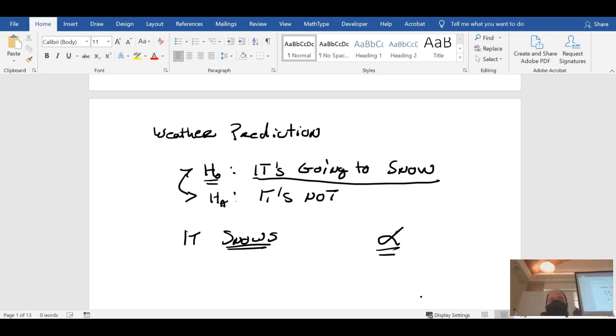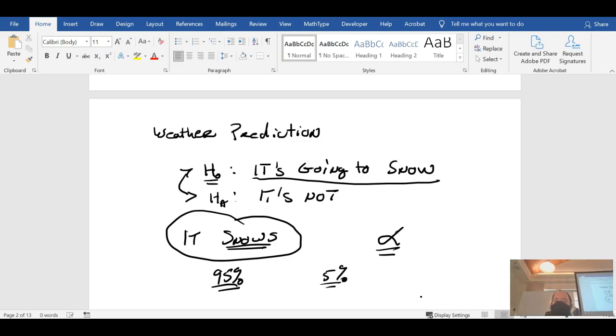The 95%, so if it snows, right? So let's say it actually snows, right? That's what actually happens. Then there is a 95% chance that we got it right. Okay? And there's a 5% chance that we got it wrong. So the 95 is we made the correct prediction, the 5% is we made the wrong prediction.